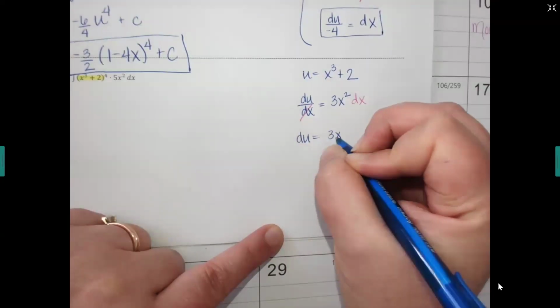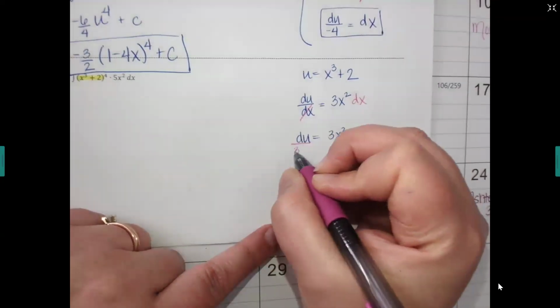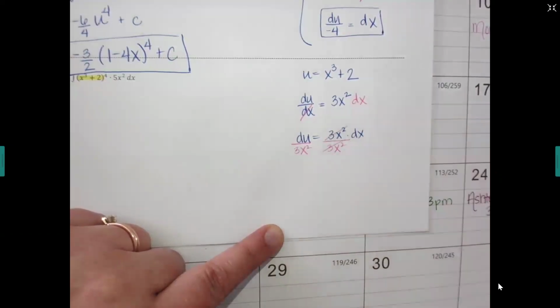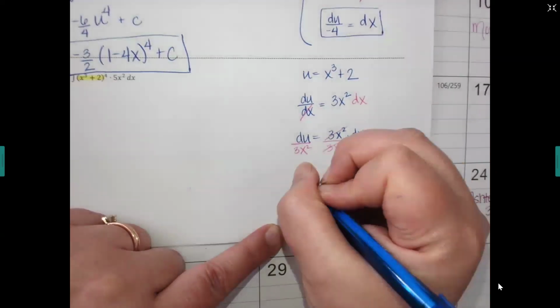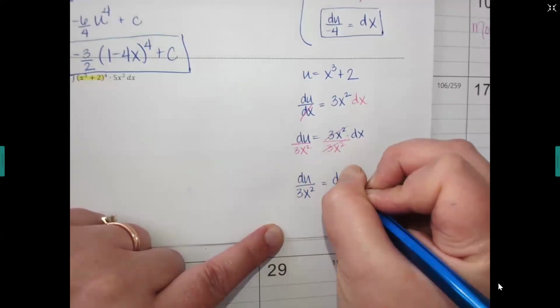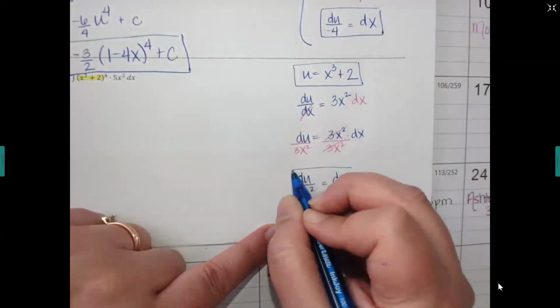So it's du = 3x squared dx, and then divide the 3x squared down. So I have du over 3x squared equals dx. Box the first and the last.